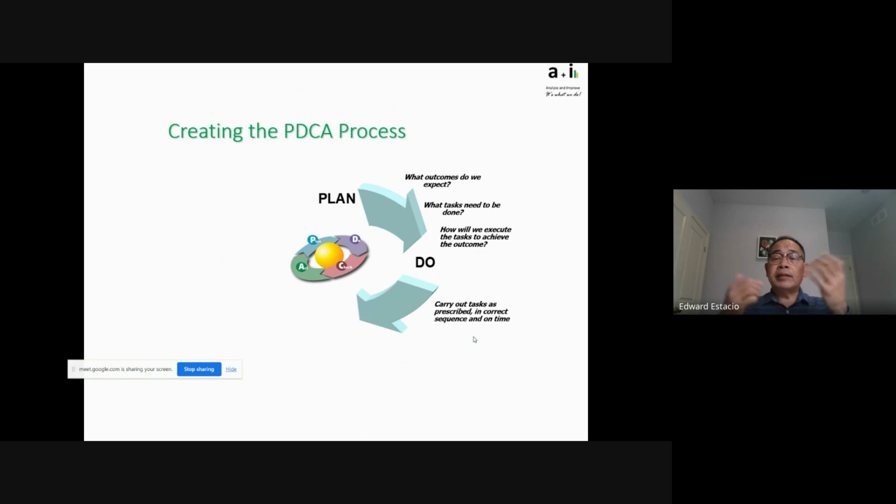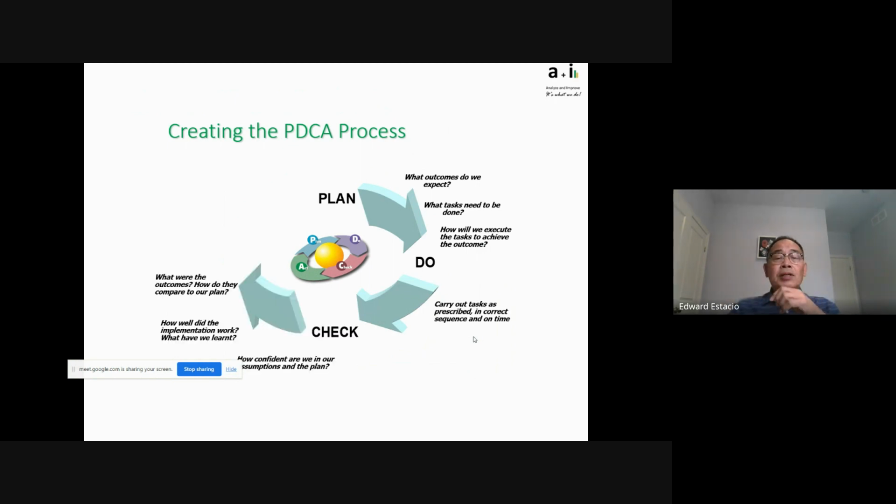Doing is carrying out all the tasks as prescribed in our plan, in correct sequence and on time. Checking is, again, what were the outcomes? What were the results? How do we compare this to the plans? Did we achieve the plan? How well did the implementation work? Did we learn anything? How confident are we in our assumptions and the plan?